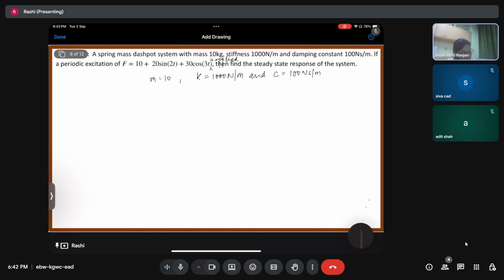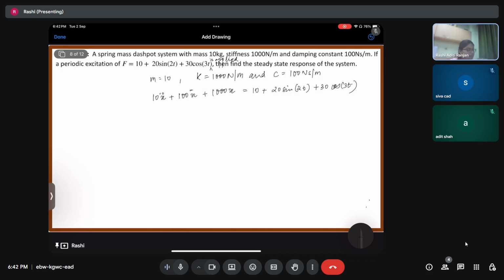So we can write the equation of motion as 10 x double dot plus 100 x dot plus 1000 x is going to be equal to 10 plus 20 sine of 2t plus 30 cos of 3t.